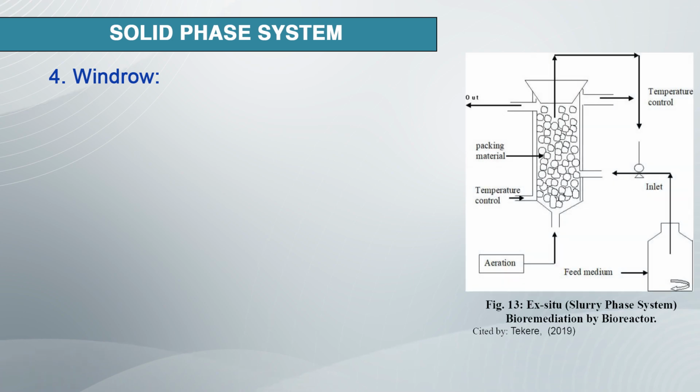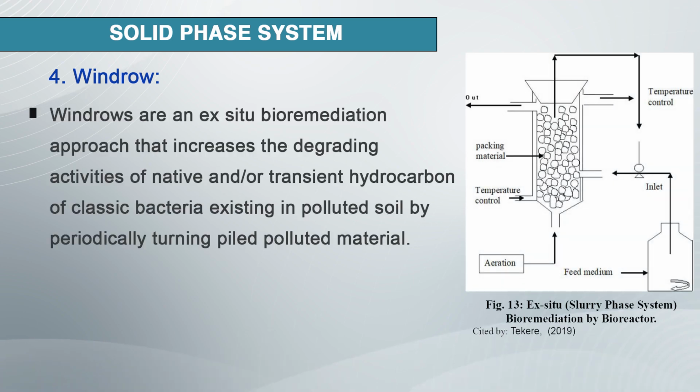Now, windrow, this is the fourth one. Windrows are an ex situ bioremediation approach that increases the degrading activities of the native and or transient hydrocarbon-degrading bacteria existing in polluted soil by periodically turning piled polluted material.